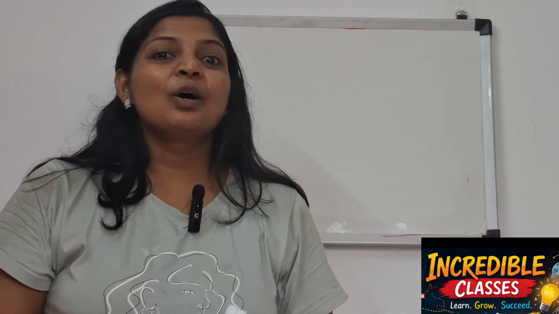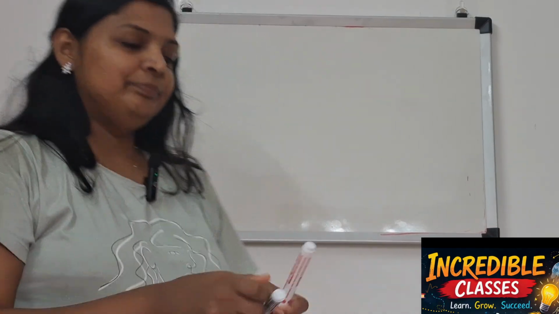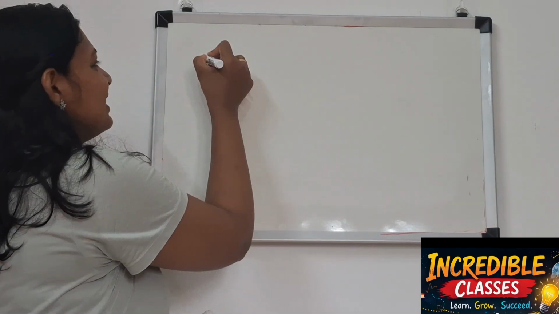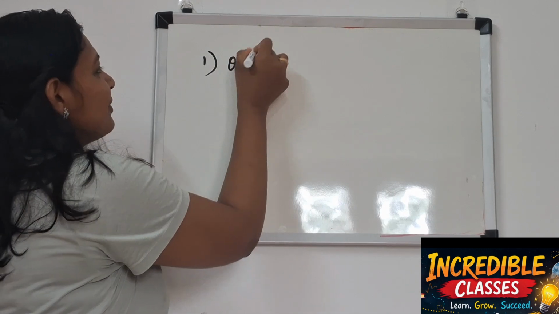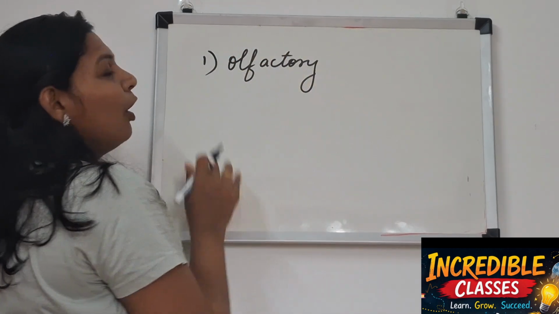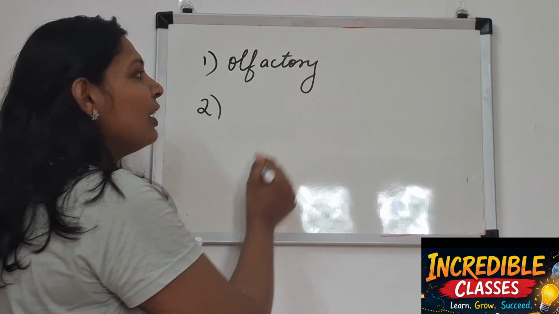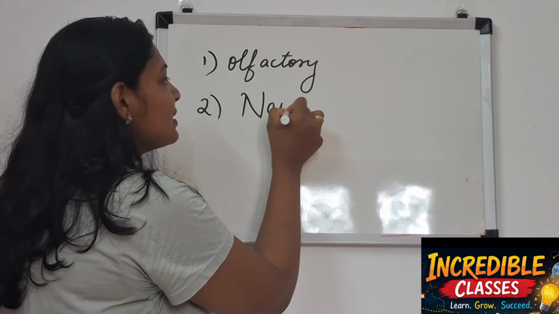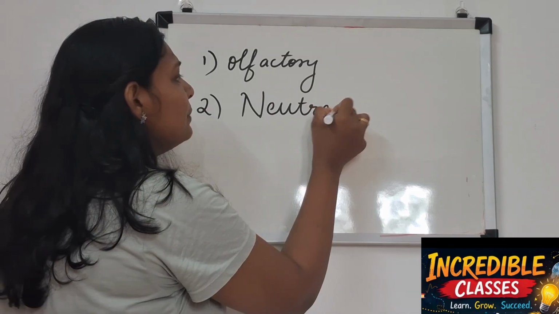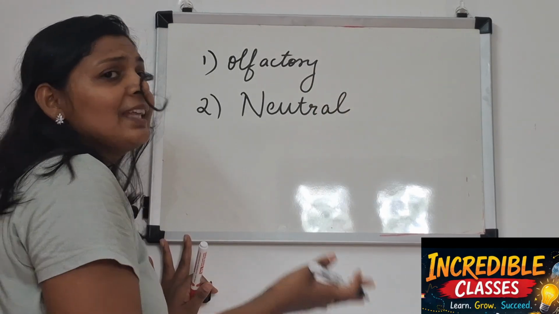In today's class, what are we going to discuss? We will discuss first olfactory indicators. Second, we will understand what are neutral substances and what is their importance. Why do we need neutral substances? We are happy with acids and bases.